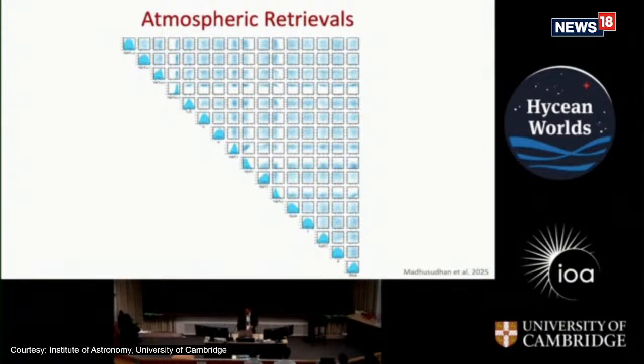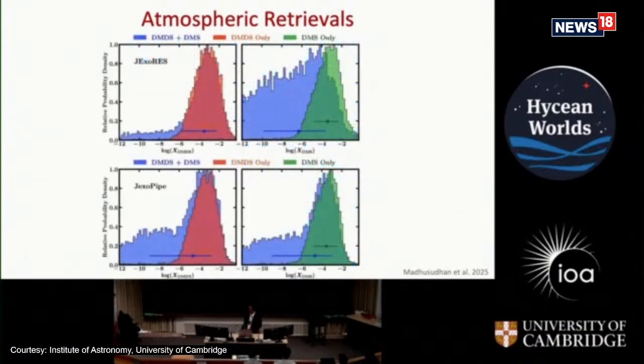Okay? So I'll show you the summary here in these retrievals, just showing you DMDS and DMS posteriors. You see that with one pipeline, the Jaxoras pipeline at the top, when you have both molecules included, both molecules are loosely constrained. Okay?